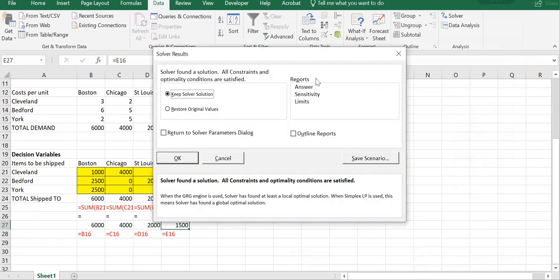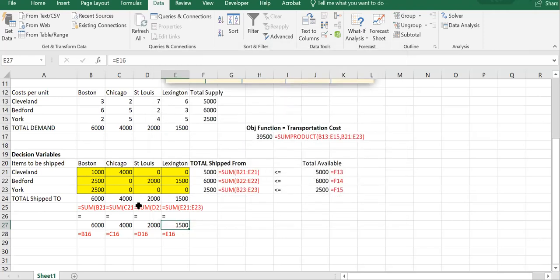I'm not really worried about the sensitivity right now. We can just take a look at the answers, and I just rely on my results in this table. As you can see here, the left-hand sides are more important in this case because our right-hand sides are parameters. They're already set, they're fixed numbers, but the left-hand sides are to be determined by our decisions.